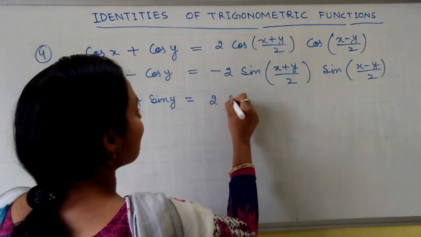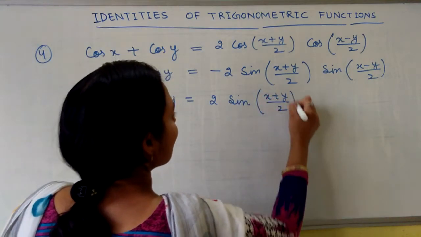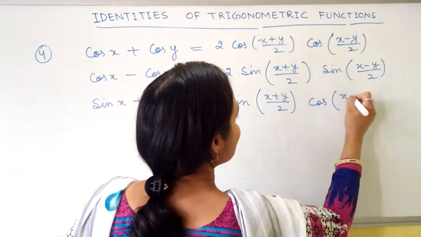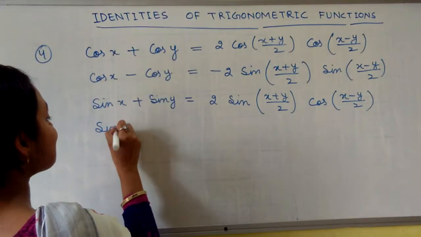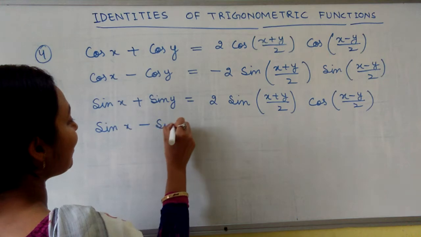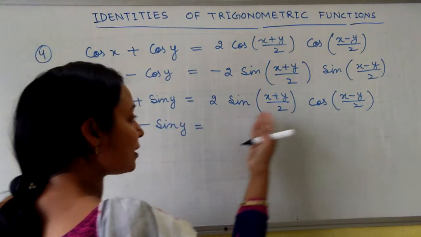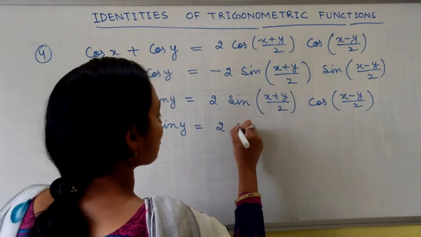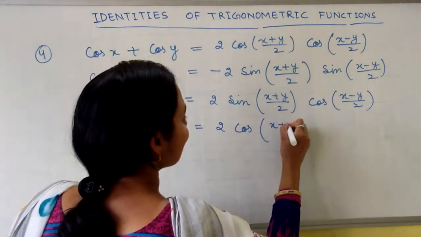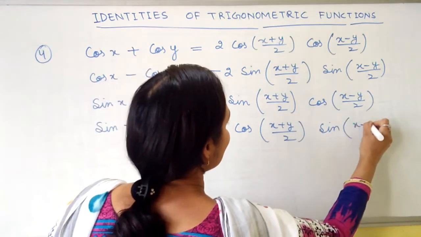This is 2 sin (x plus y) by 2 cos (x minus y) by 2. Now come to sin x minus sin y. Cos comes first and sin comes last: 2 cos (x plus y) by 2 sin (x minus y) by 2.